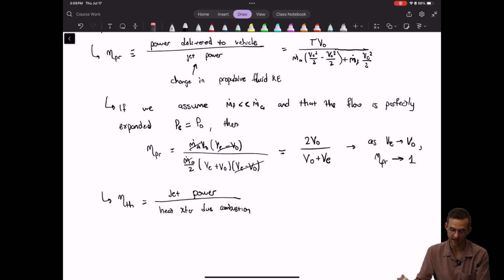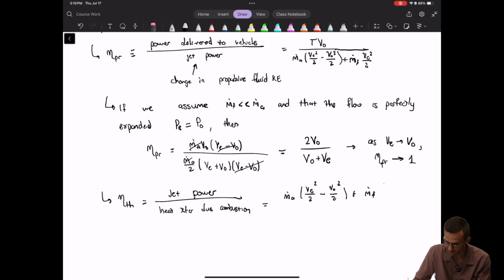You can kind of see how these cancel to form the overall efficiency now. So the numerator is m dot a times (VE squared over 2 minus V naught squared over 2), plus m dot f VE squared over 2, divided by m dot f HF.